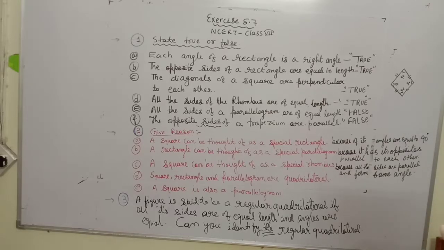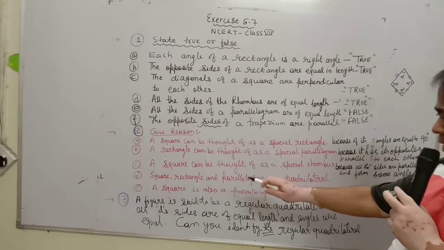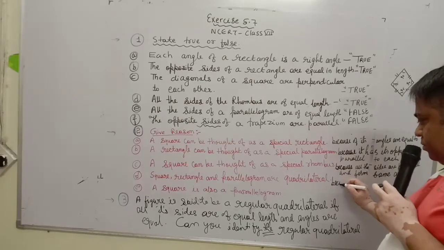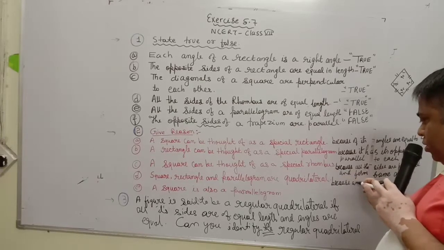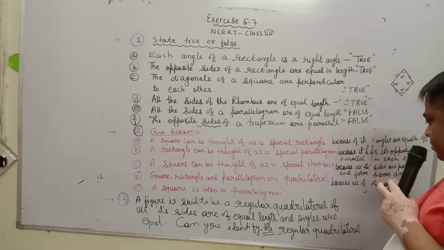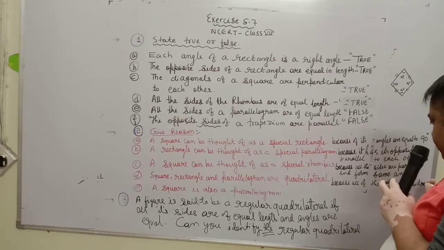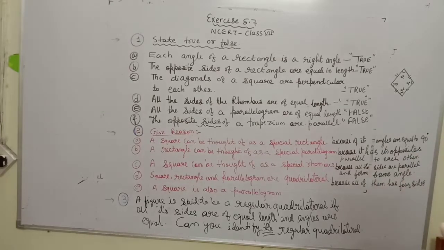Next, a square, rectangle and a parallelogram are quadrilaterals. Why? A square, rectangle and a parallelogram are quadrilaterals because all of them have 4 sides. Next, a square is also a parallelogram.